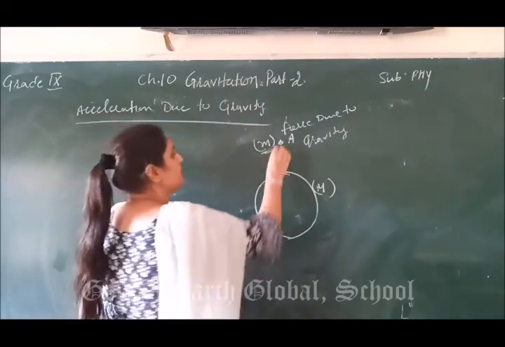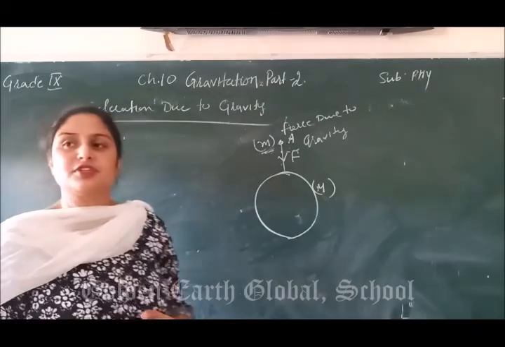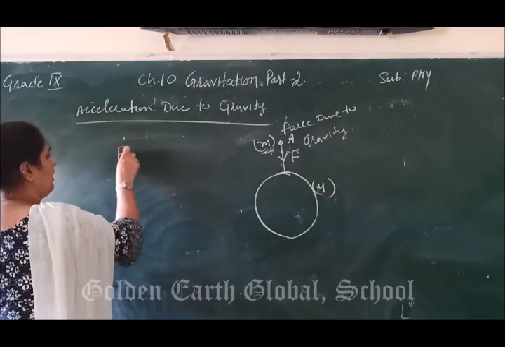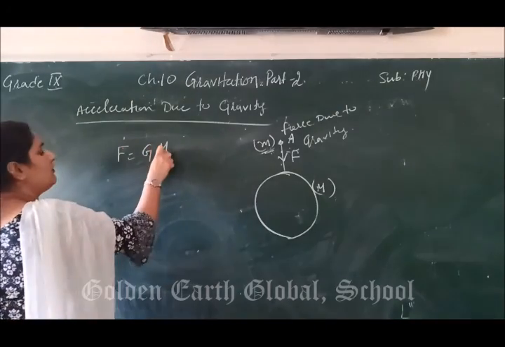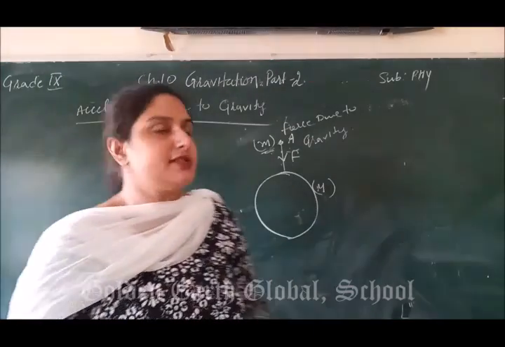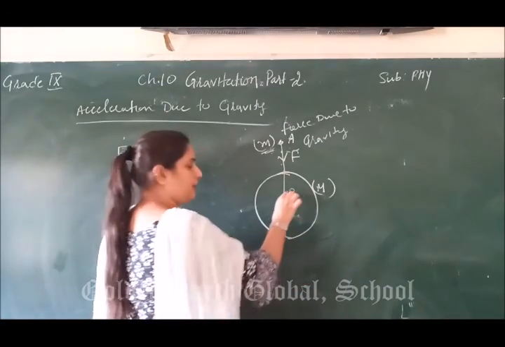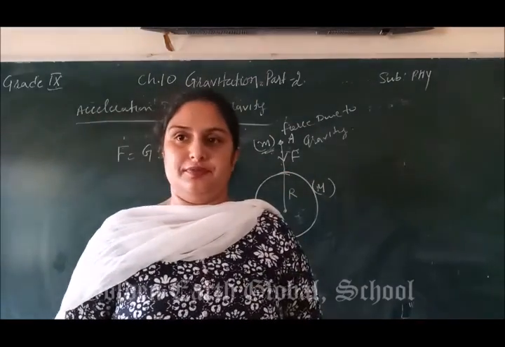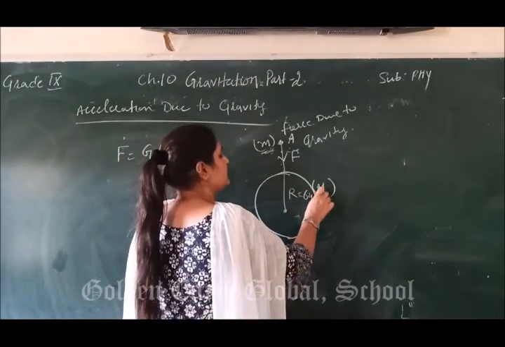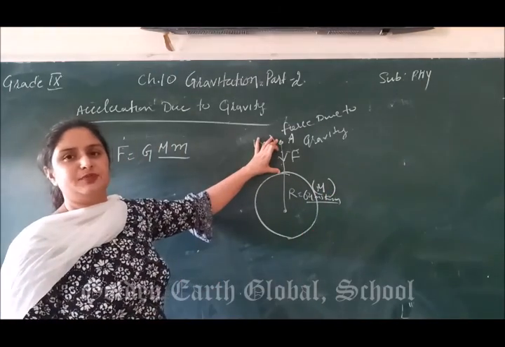Due to this force, the object will move towards the earth, and this force is called the force due to gravity, and it is given by F is equal to G, mass of earth into mass of object, upon the distance squared. The distance, as we know, is the radius of the earth, capital R, that is 6,400 kilometer.